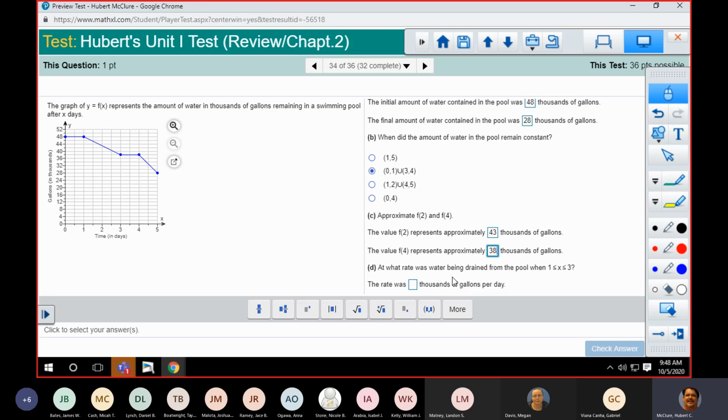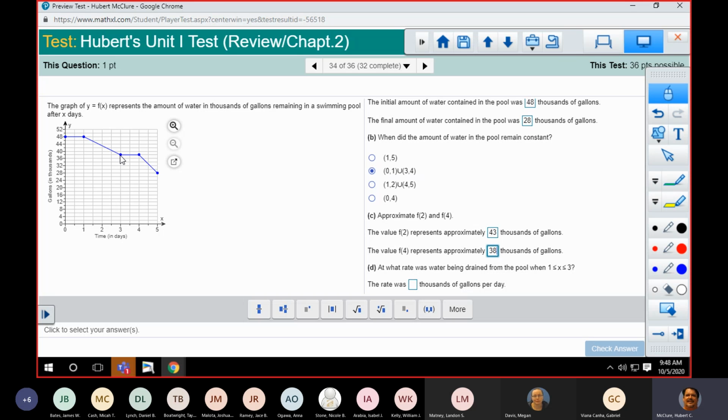At what rate was water being drained from the pool from 1 to 3? At what rate? So you would have to actually find the slope. So this is 3 comma 38,000.